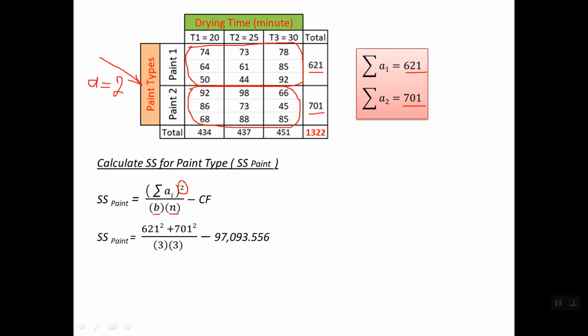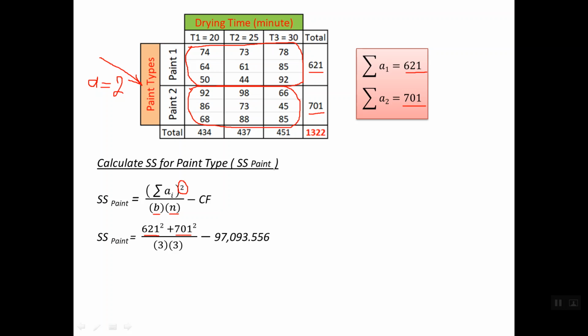If you proceed, this is the summation for A1, which is the total observation for the metal parts using paint number 1. We square this value plus the summation of A2, 701 squared, divided by 3 by 3. 3 by 3 here is simply 9.